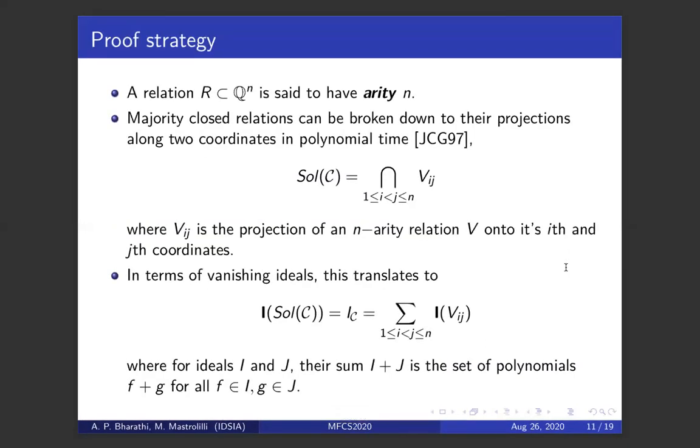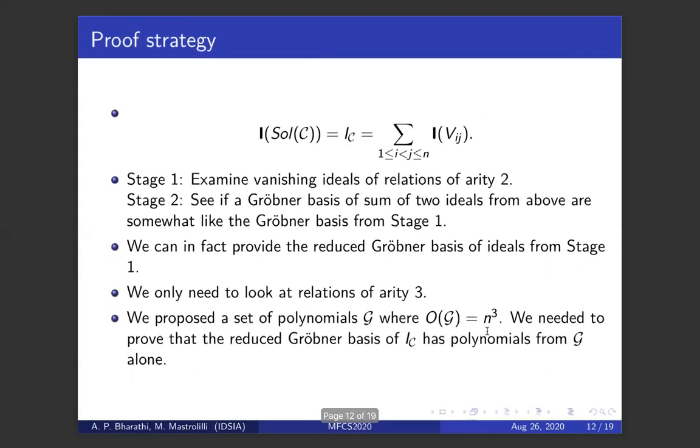We first use the fact that the projection along any 2 coordinates of a majority closed relation is also majority closed. This allows us to focus on relations of arity 2 instead. In terms of vanishing ideals, by using some basic properties, we can express the combinatorial ideal as a sum of ideals. So we could roughly divide the proof strategy into 2 stages.